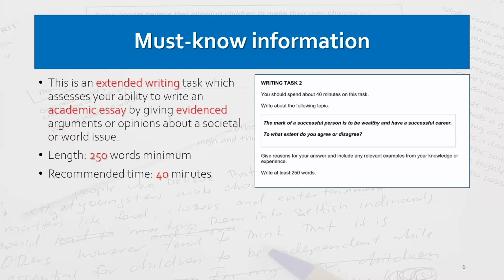Well, this is a typical writing task in IELTS Writing Task 2, because the aim of this task is to see how well you can handle an essay, or more specifically, an argumentative or expository essay, depending on the task requirements.